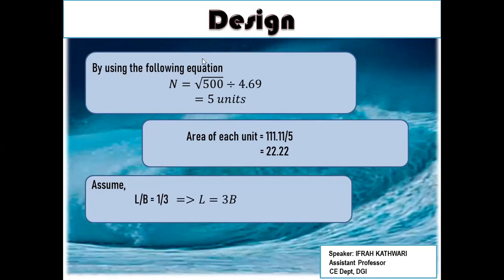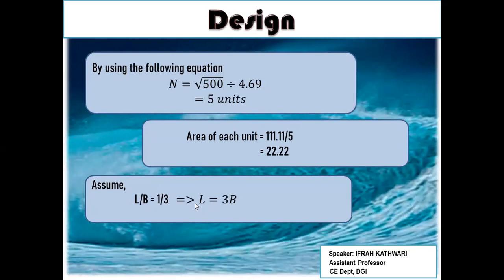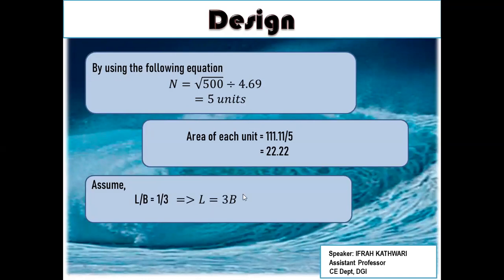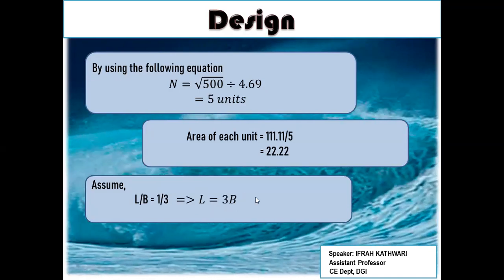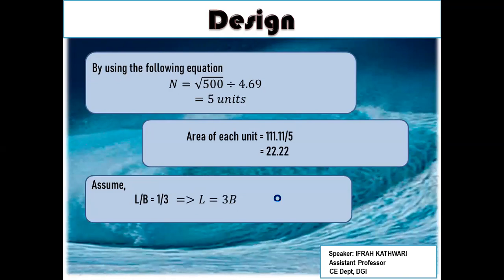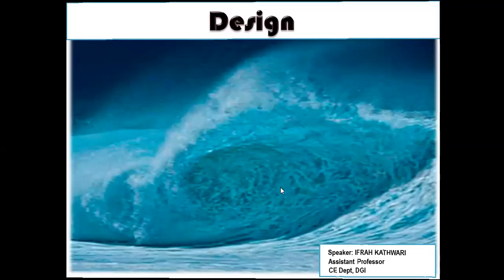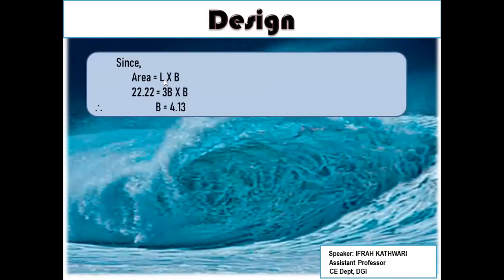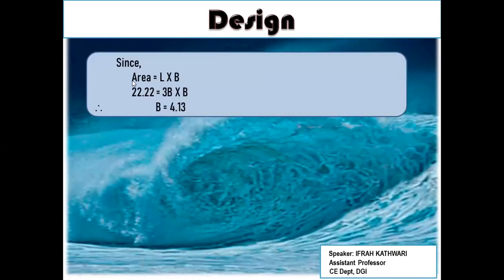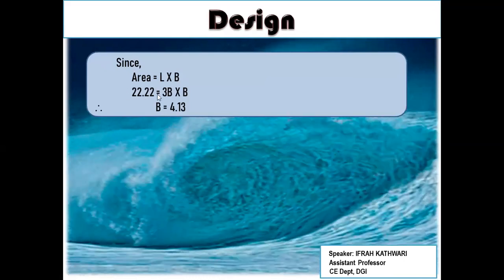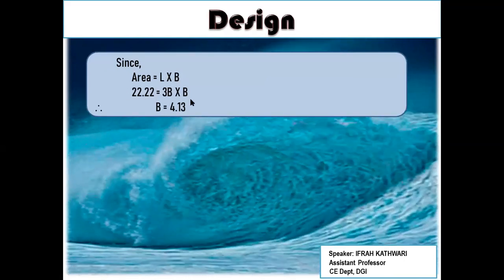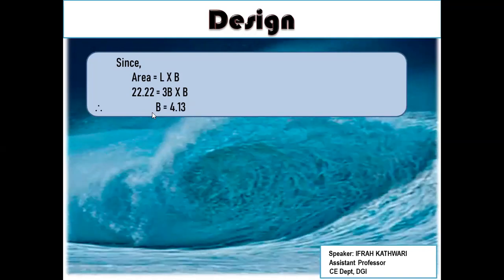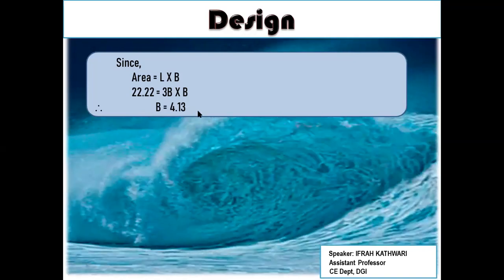From this equation, the value for L is L equal to 3 times B. Since the area is equal to length into breadth, and the area is already given to you, you have found it out, it's 22.22, and L is equal to 3 times B into B. So here the value for B is found out.